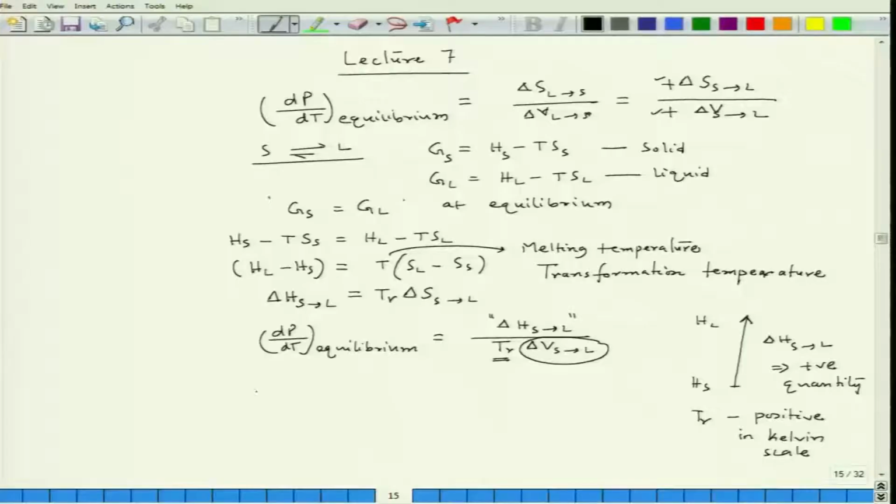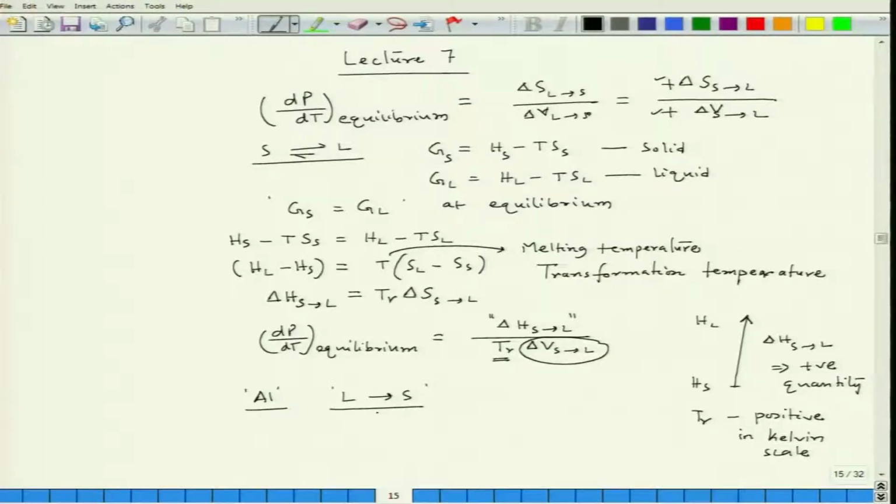For example, in case of aluminium, if liquid transforms to solid, then there is a volume contraction, and that has been mostly observed in most of the cases. That means the molar volume of solid is less than the molar volume of liquid. And in case of aluminium, if it solidifies, it is a little below the melting point, and you know why it should be below the melting point, because of the interface only.